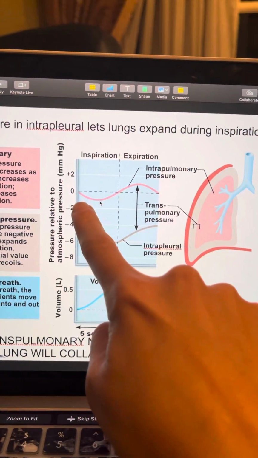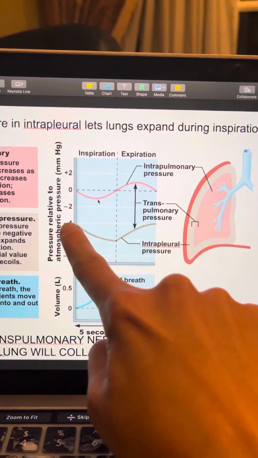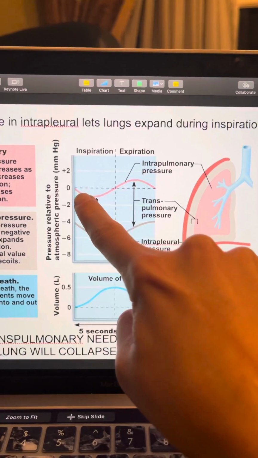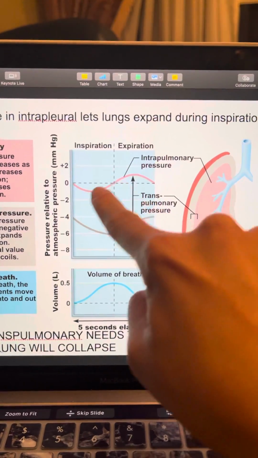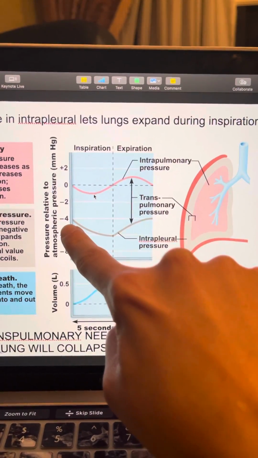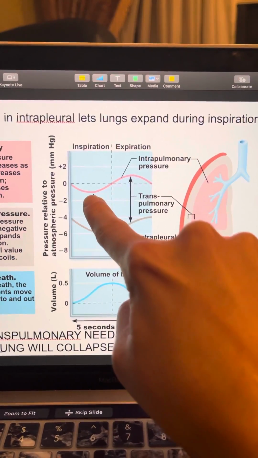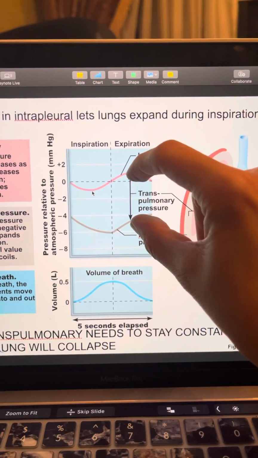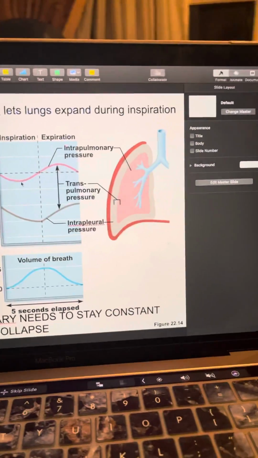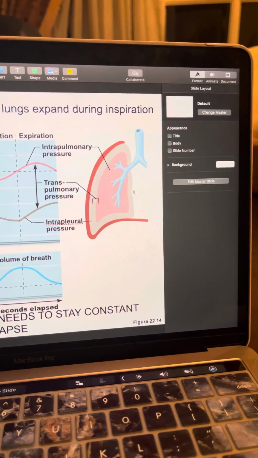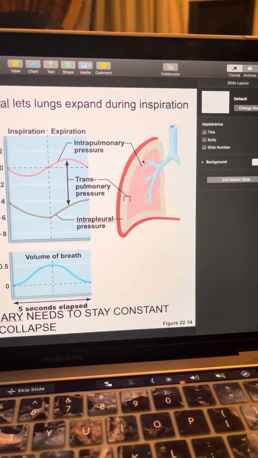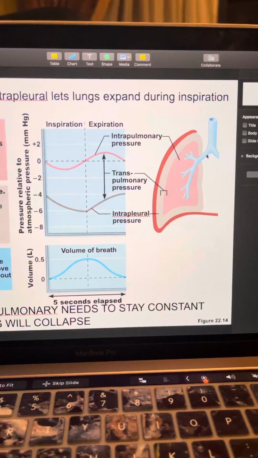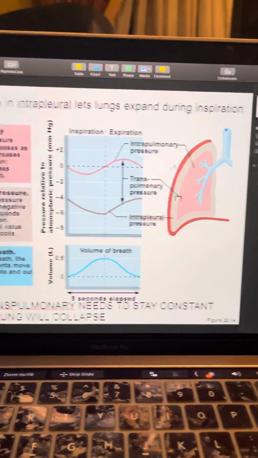See, if this pressure is going down, this pressure has to also go down, because if intrapulmonary pressure is going down and intrapleural pressure is going up, see how these meet each other right here, and you're not maintaining your transpulmonary pressure of 4 millimeters of mercury? That's going to end up in a lung collapse, and that is going to be considered pneumothorax. And you're going to want to remember pneumothorax because that was in the book, and I'm sure that's going to be on the test.